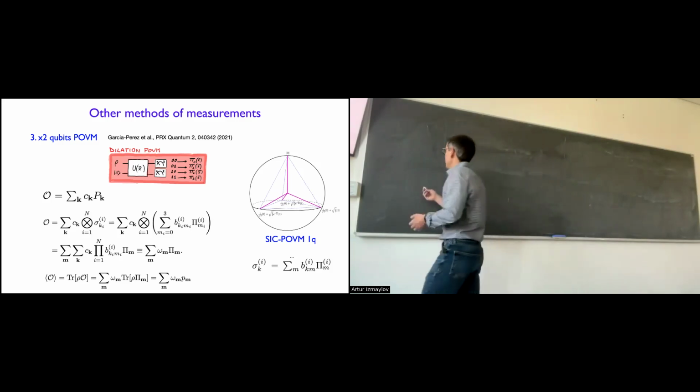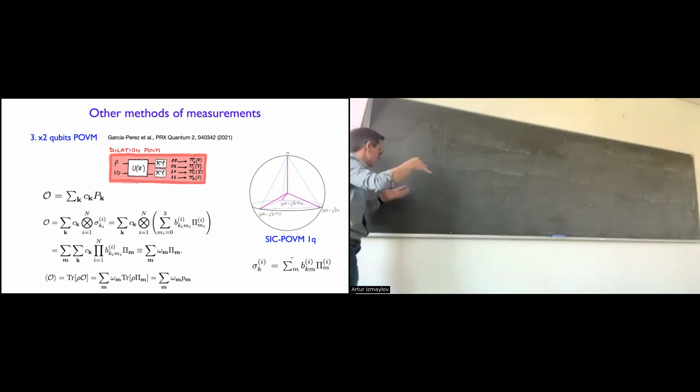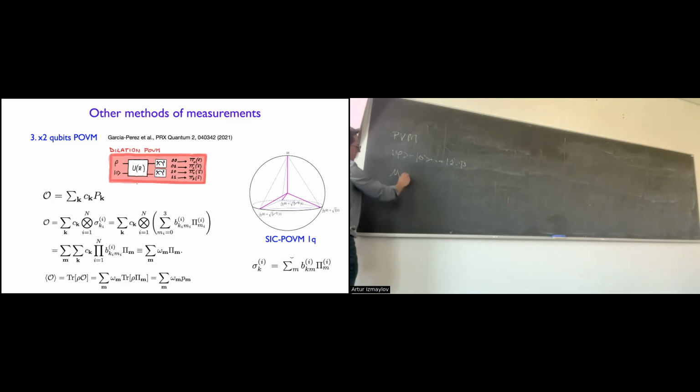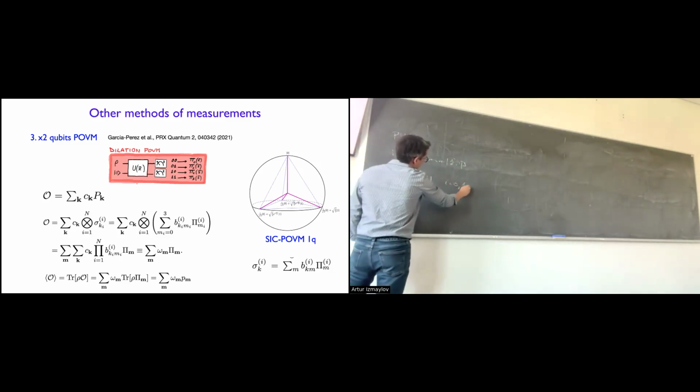So let's unpack this a little bit. In the normal projective measurement, if we have a state in a superposition of 0 and 1, we do the measurement with measurement operators that are either a projector to the 0 state or the 1 state.